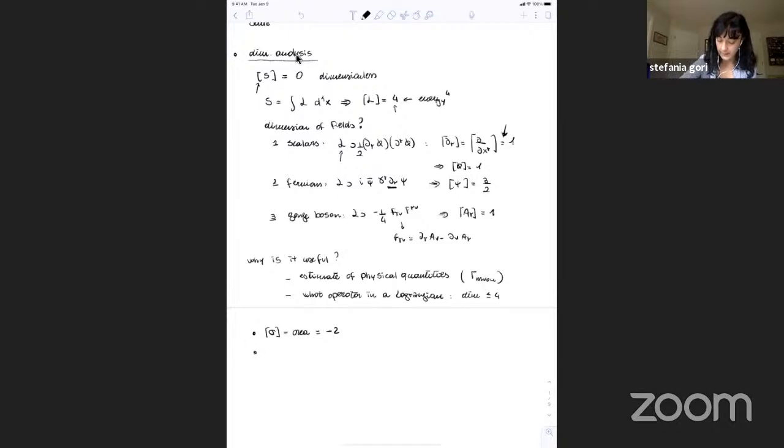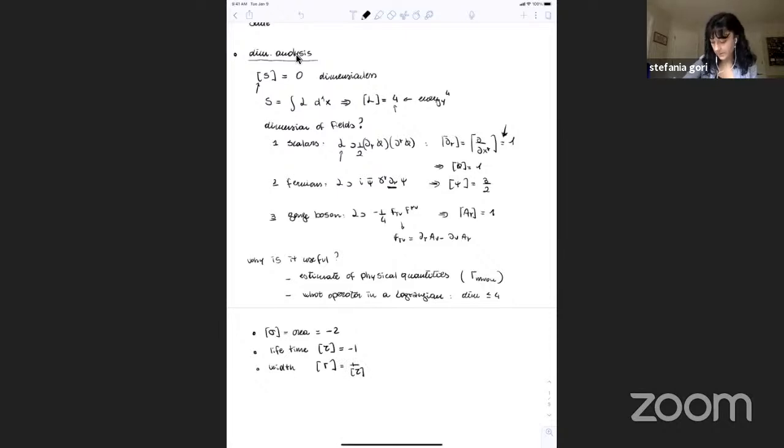Then we have the lifetime of a particle that I denote with tau. This is time, and therefore in terms of energy to some power, we have energy to the -1. And then finally the width of a particle, that is the inverse of the lifetime.